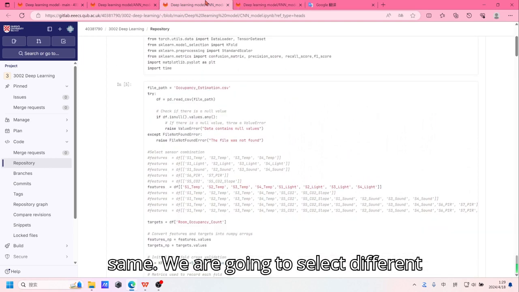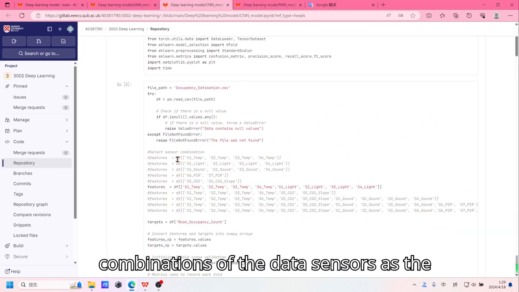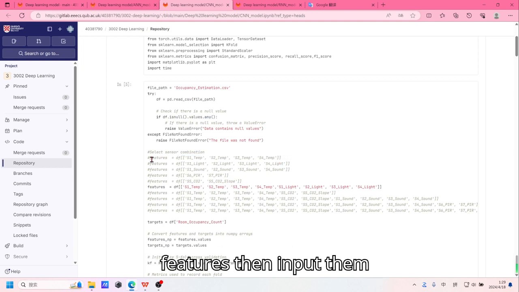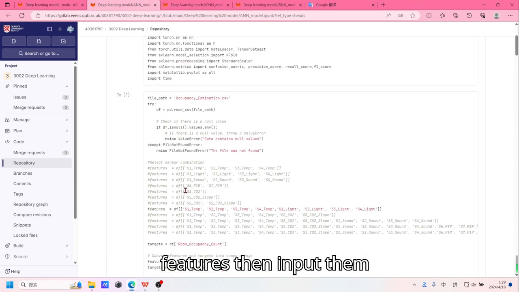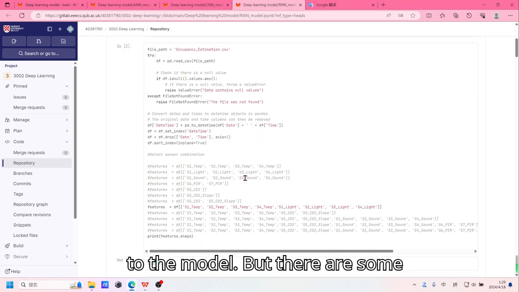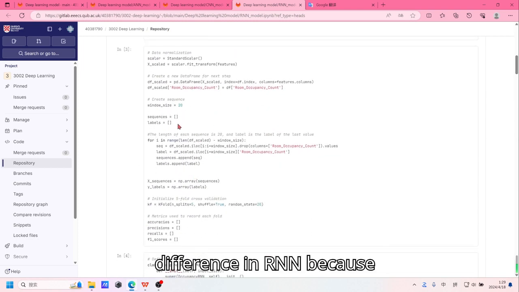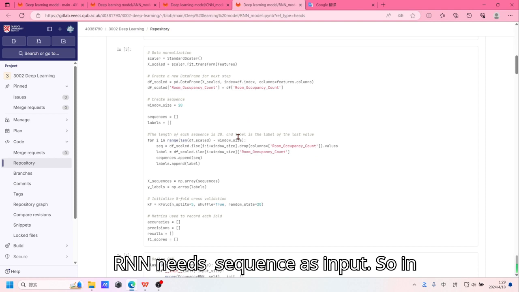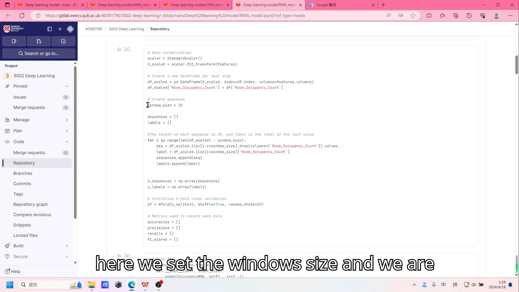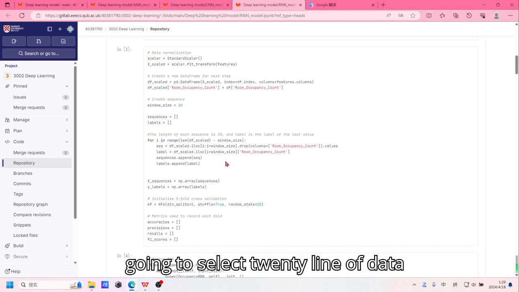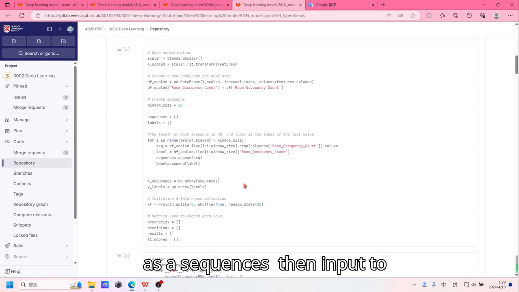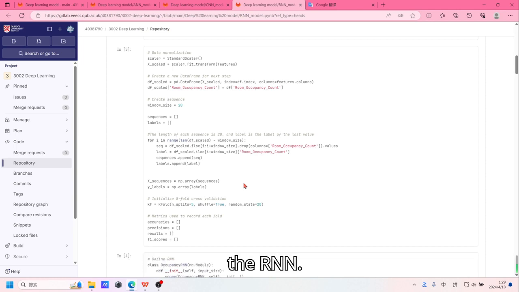We select different combinations of the sensors as the features, then input them to the model. But there is some difference for the RNN because the RNN needs a sequence as input. So here we set the window size and select 20 lines of data as a sequence, then input it to the RNN.